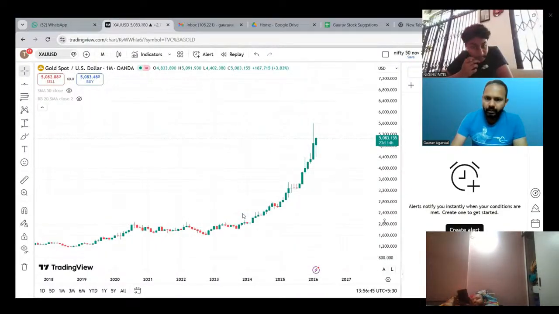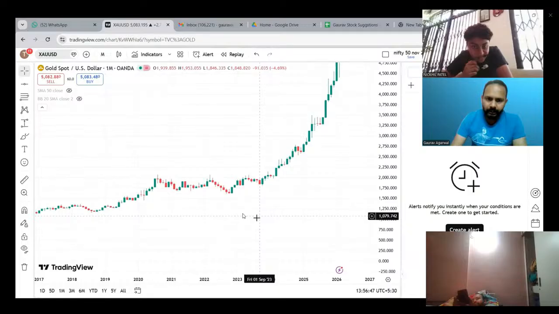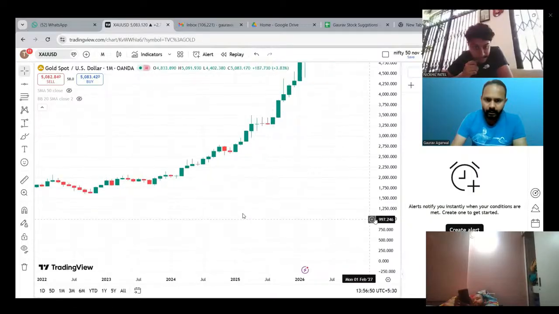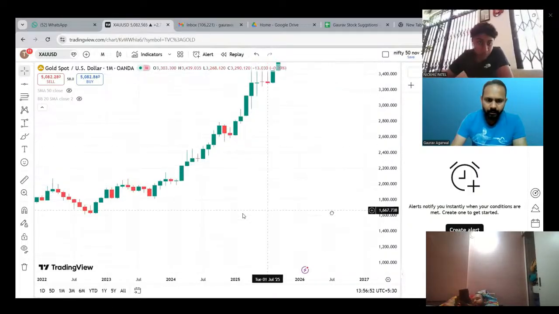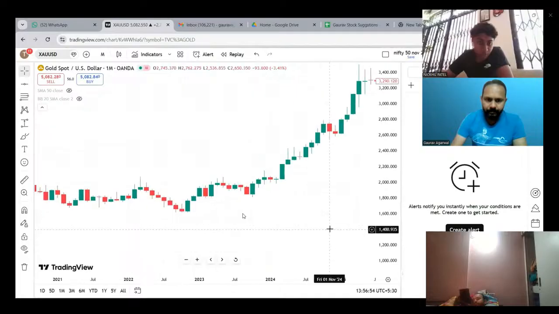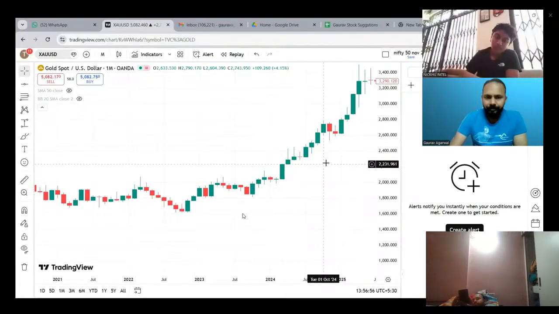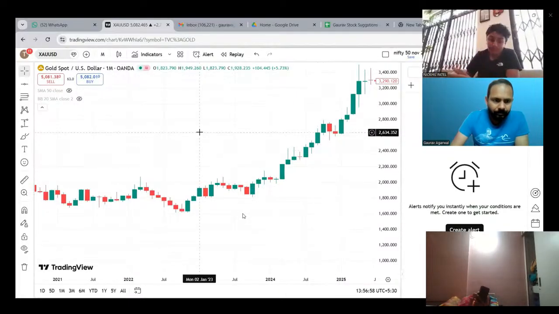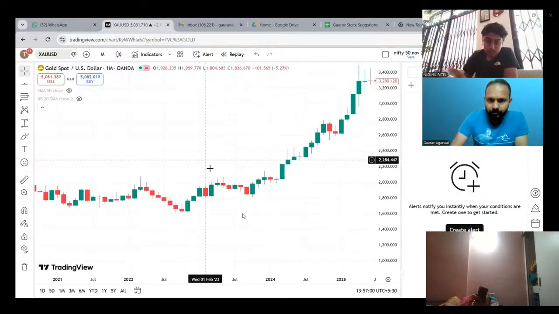See, tweezer bottom normally forms at the bottom. So in this, what happens? There will be two candles.